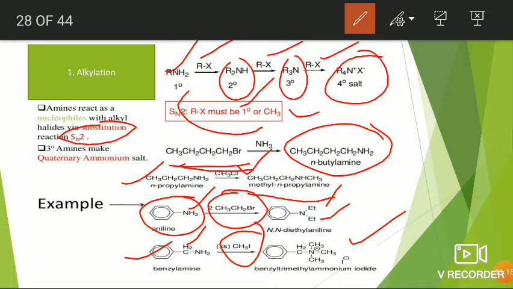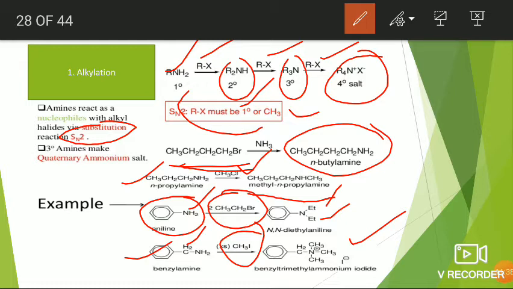The points you should remember in alkylation: it is generally a nucleophilic substitution reaction. The specific mechanism in this substitution reaction is bimolecular substitution, that is, SN2 type reaction.